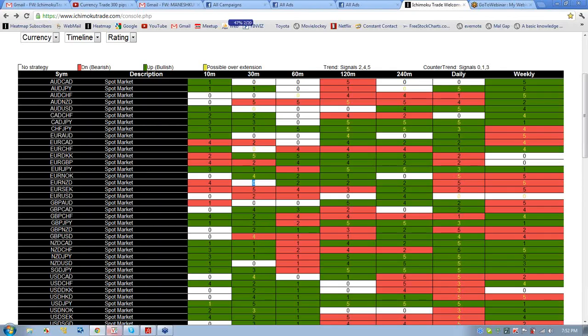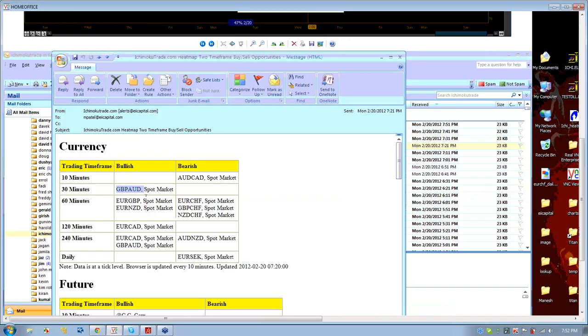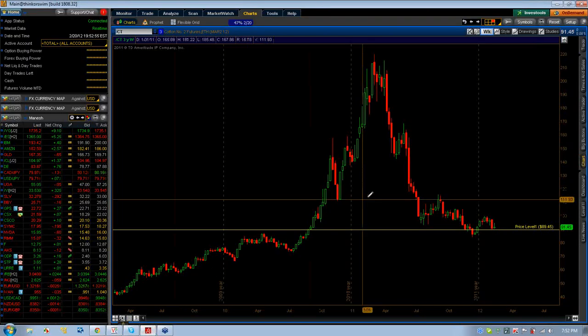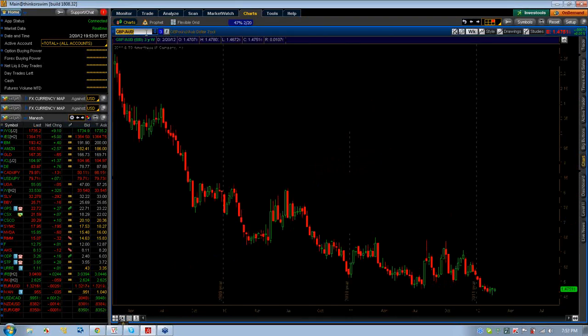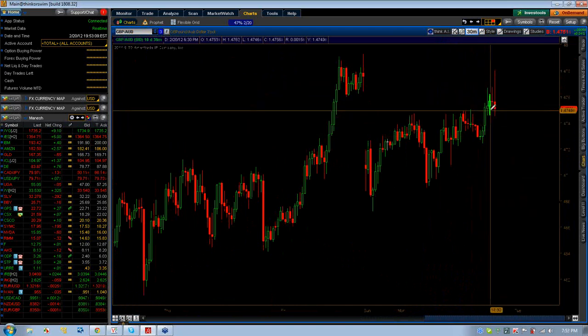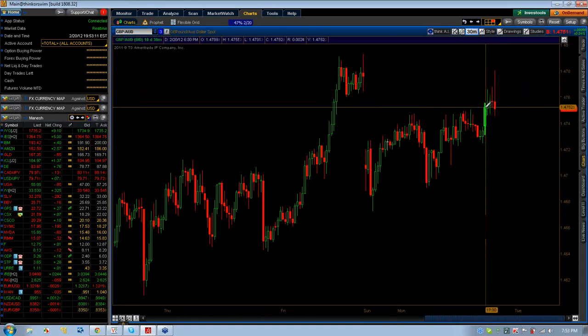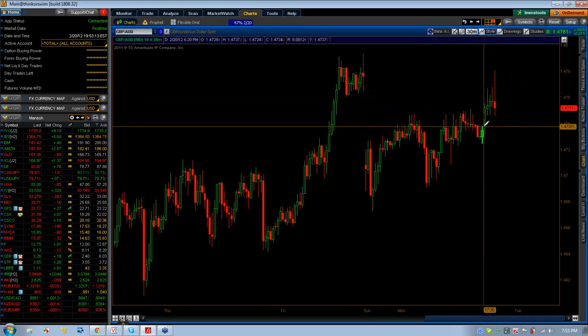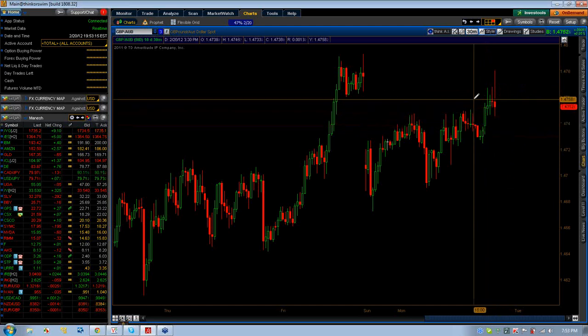There's a signal service going on behind it. On the pound Australian here, this was basically a 30-minute opportunity for you a minute ago. If you look, it was a bullish opportunity here, and it was probably somewhere right around here, and you had an opportunity to enter somewhere up here.